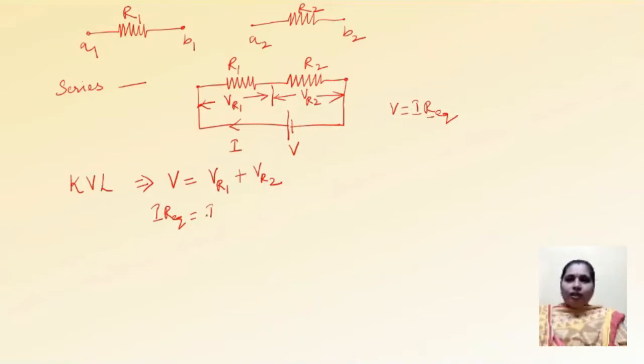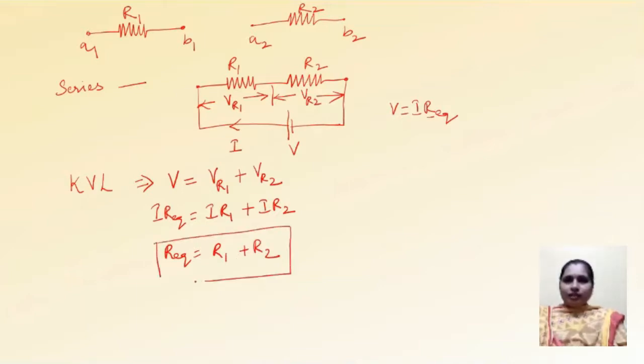So I into R1 plus I into R2. As this I is common, what is R equivalent? R equivalent equals R1 plus R2. So the formula for series resistors is R1 plus R2. If there are n resistors, then R equivalent equals R1 plus R2 plus R3 and so on up to Rn.